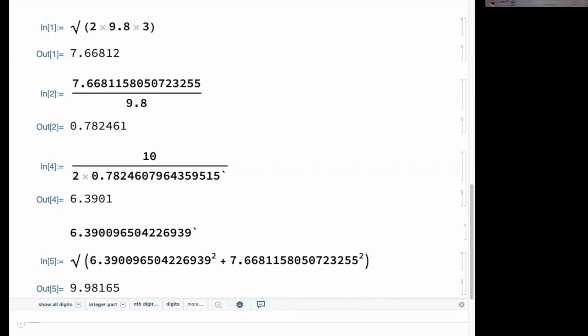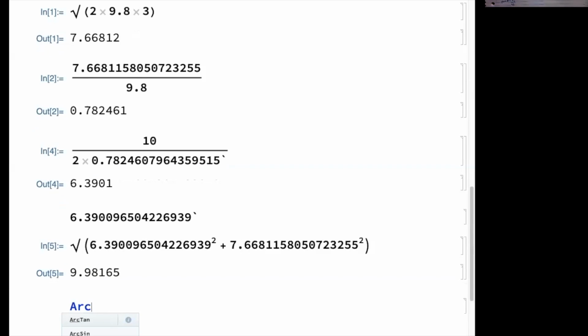There it is. Our velocity is 9.98165, and we're going to use arctan. So arctangent of Vy over Vx. Let me grab Vy. Vy divided by Vx.